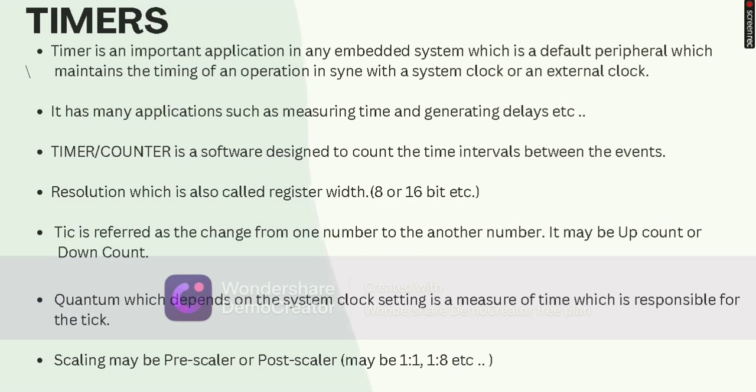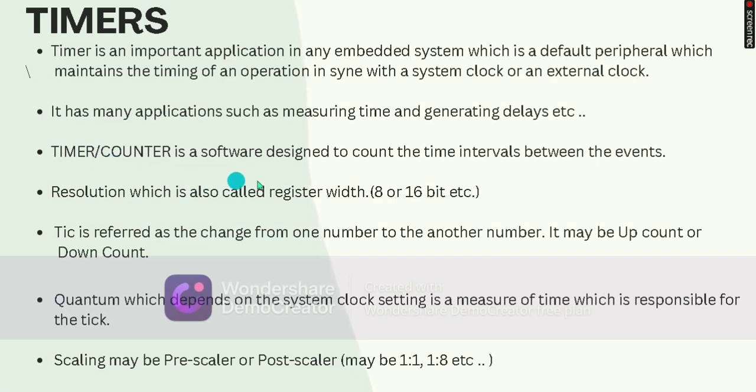So timers are an important application in any embedded system, which is a default peripheral which maintains the timing of an operation in sync with the system clock or external clock. It has many applications such as measuring time and generating delays.